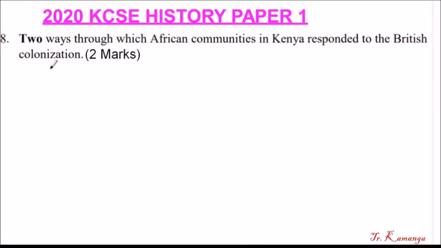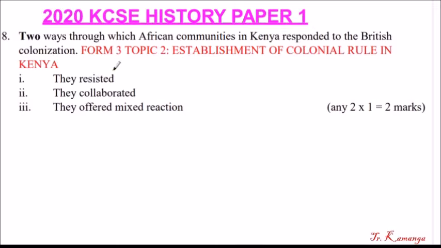We go to question number 8. We are told 2 ways through which African communities in Kenya responded to the British colonization. The 2 ways how they responded. Let's see how they responded. This is from Form 3 Topic 2, Establishment of Colonial Rule in Kenya. The ways are that they resisted, like the formation of Mau Mau.